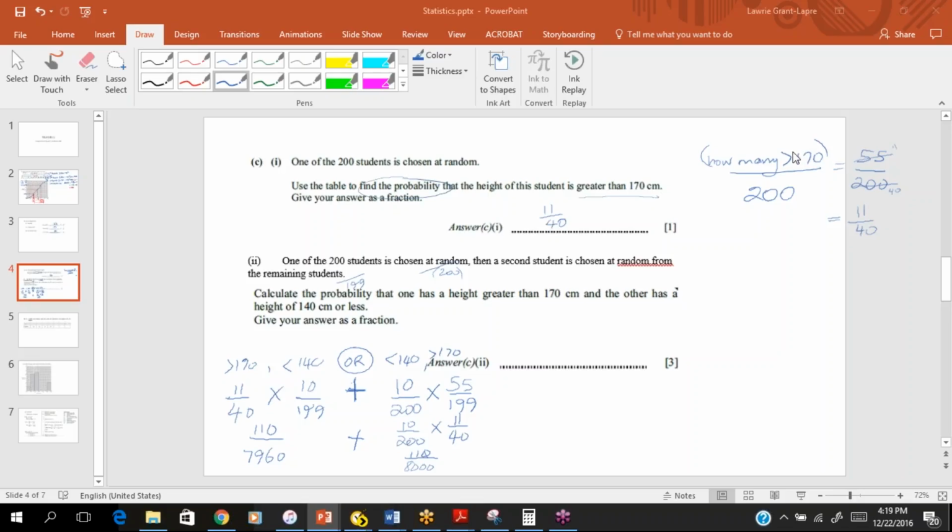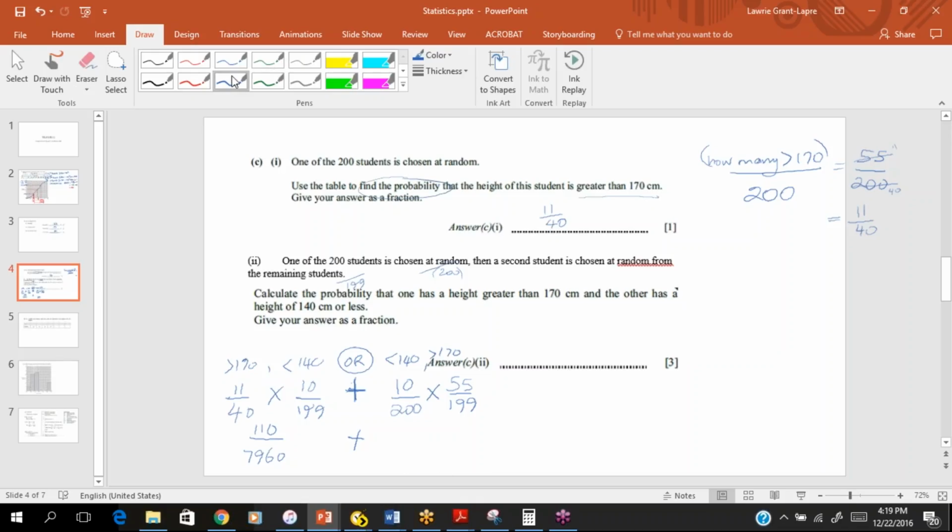Where's the error? What have I done? Oh no, that's fine. That's not 11 over 40, that's where my error is. Let me just check that. That's not 11 over 40 at all. We'll leave that. That was correct.